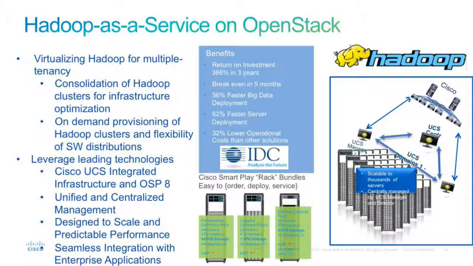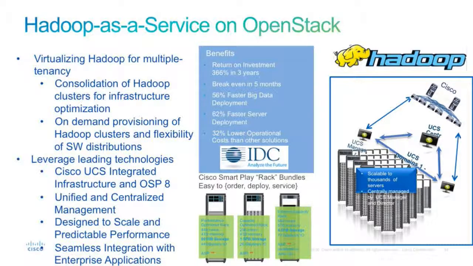So with OpenStack, working with Red Hat here and Hadoop vendors, we are building Hadoop-as-a-Service, where we are virtualizing for multi-tenancy. It's consolidation of multiple Hadoop clusters for infrastructure automation, and this enables customers to deploy and do on-demand provisioning of clusters, and provides the flexibility and options to adopt multiple software distributions there.